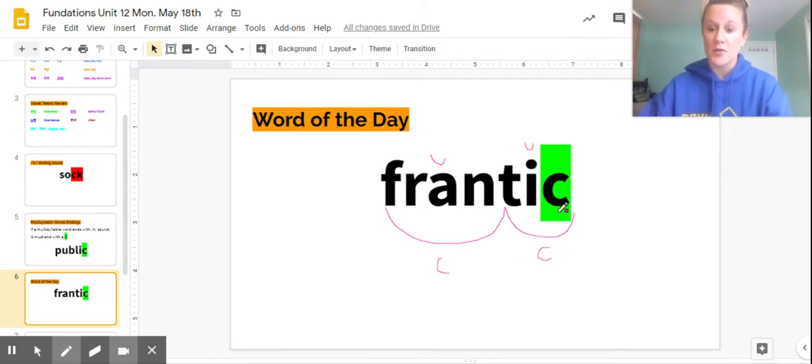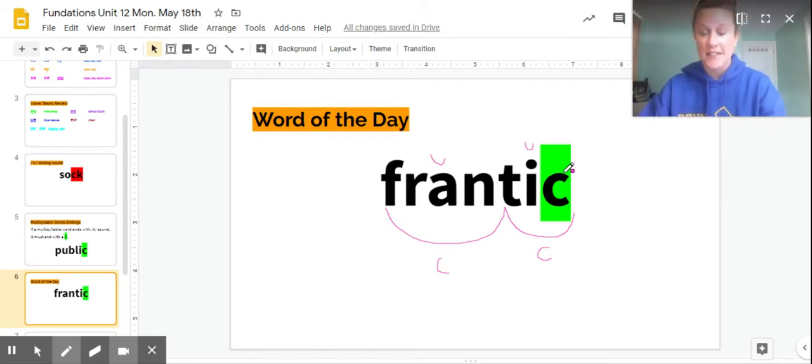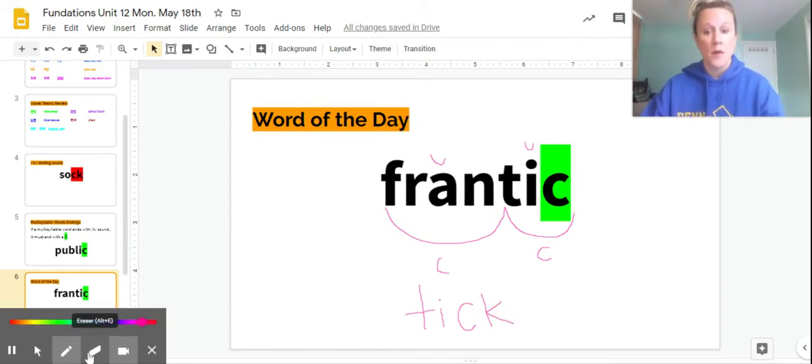And because I have that short vowel here, and it's two syllables now, I'm just going to use just the C. But if the word was tick, as in the tick bit the skin, that would be T-I-C-K. But because it's now part of the other word, we only have the C at the end of frantic.